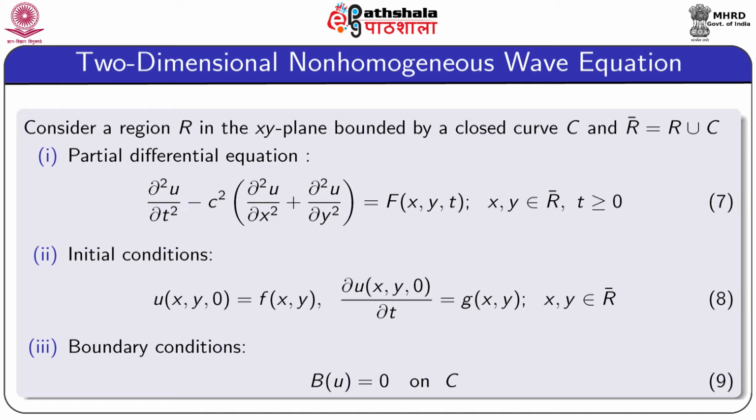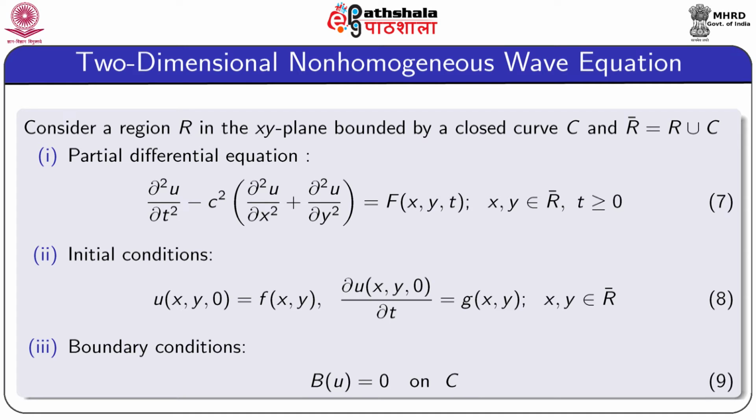We have the initial conditions u of x y at time t equals 0 is equal to f of x y, and also del u del t at time t equals 0 is given by the function g of x y. We also have the boundary condition B u equals 0 on the boundary C of the region capital R.